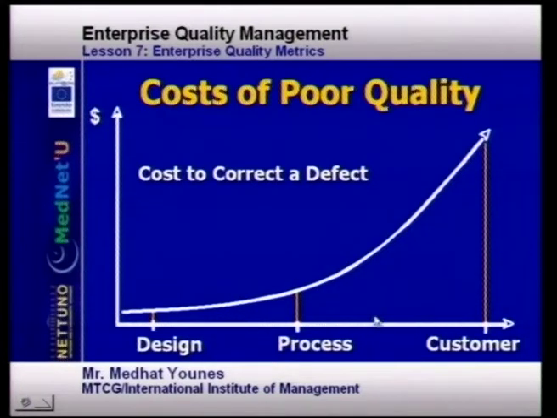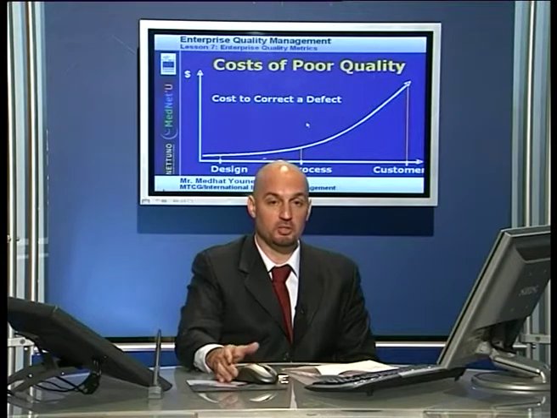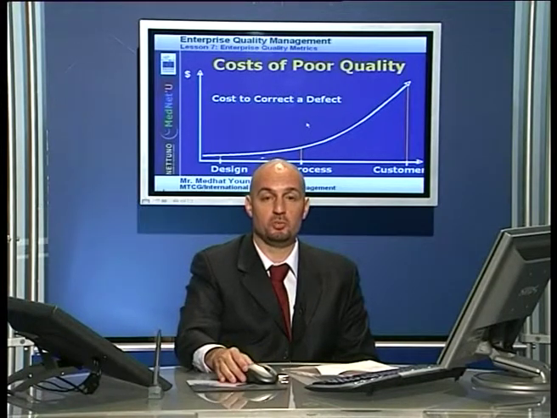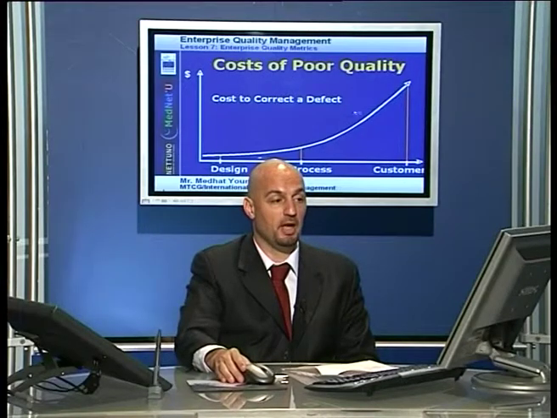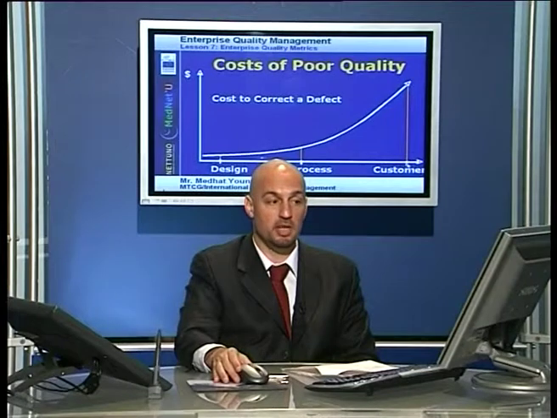If you remember at the beginning of this course, I mentioned the example of Firestone and Ford Motor, and how much it cost them, in hundreds of millions of dollars, to correct defective products. This happened at the customer stage after the product had been sold and resulted in death.